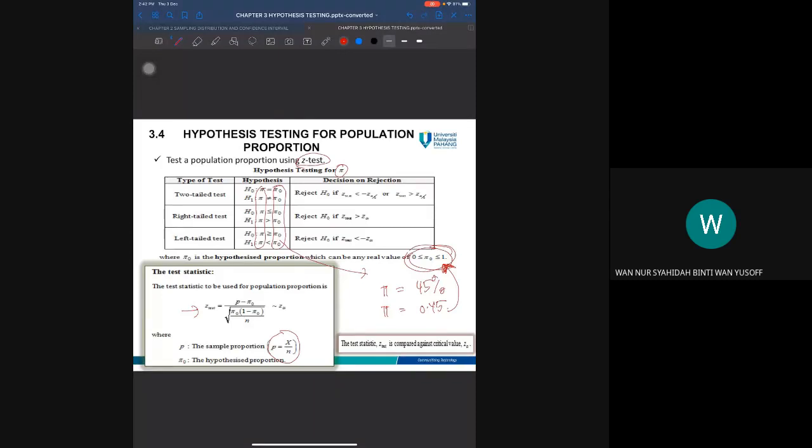My experience previously in the final test: we gave P in the question, so the students converted it into X, divided by N, and got a P that was different from what we gave. So it is wrong.